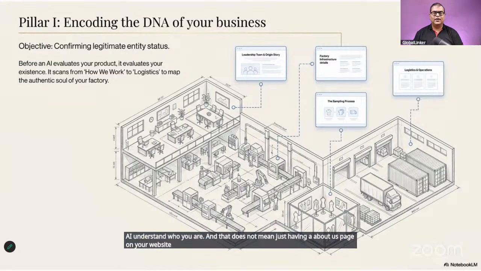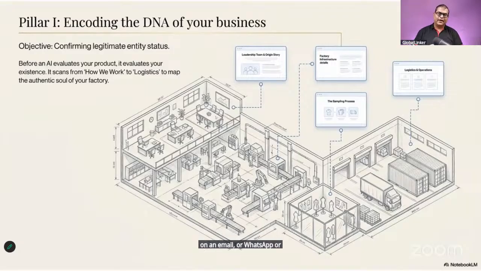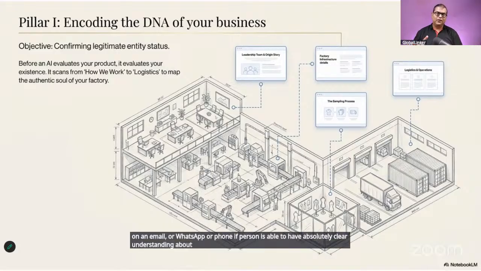It means that without talking to you, without interacting with you on an email or WhatsApp or phone, a person is able to have absolutely clear understanding about your business, about your leadership, about your infrastructure, about your certification, whatnot, everything which is related to your business, they have absolute clarity about your business.